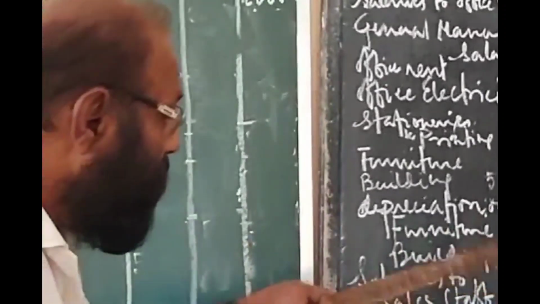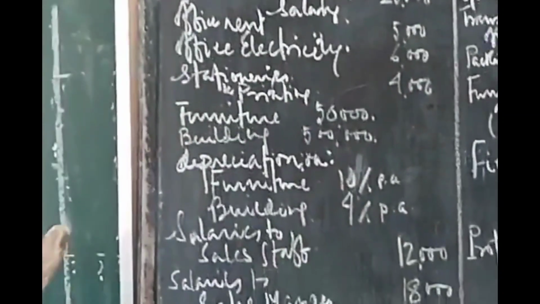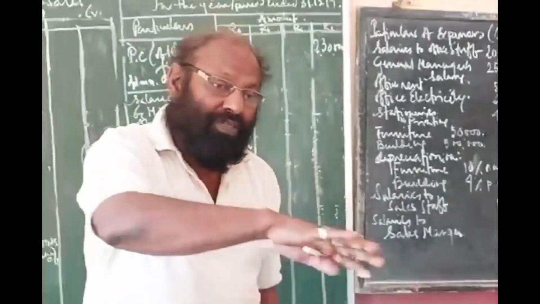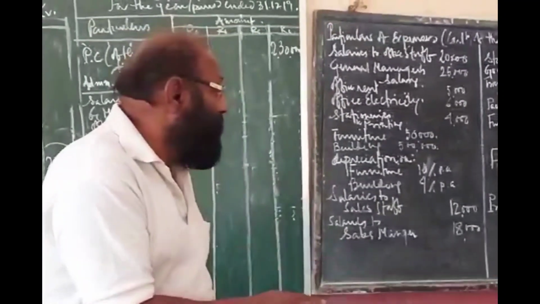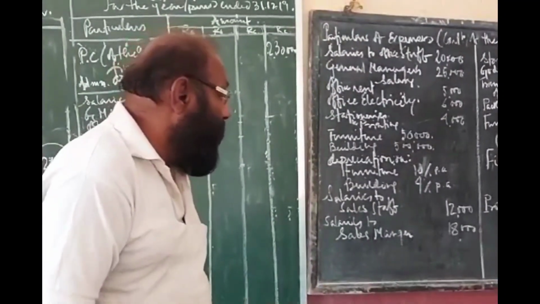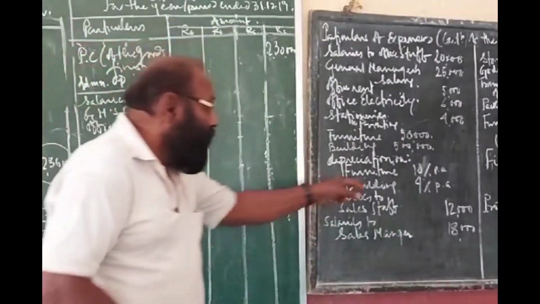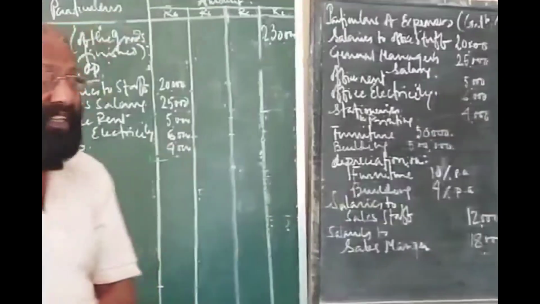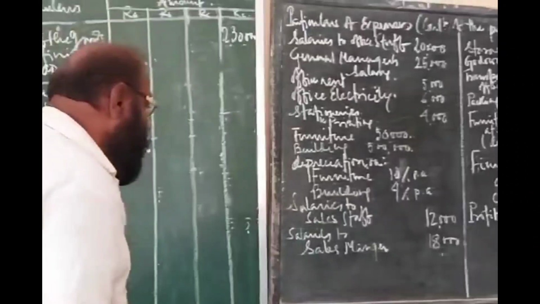Furniture 10% and building 4%. Now these are to be considered because these are the loss of assets which are used in the administrative organ. So the depreciation on office building and office furniture should be treated as an administrative overhead.